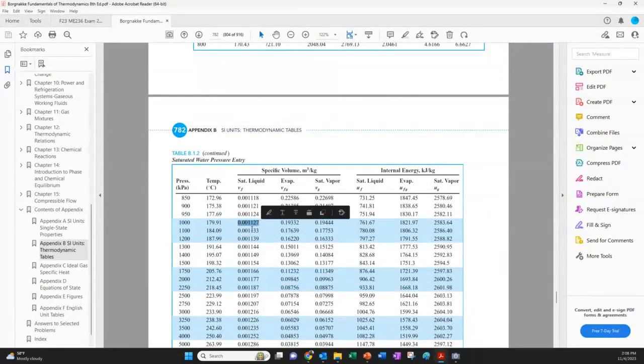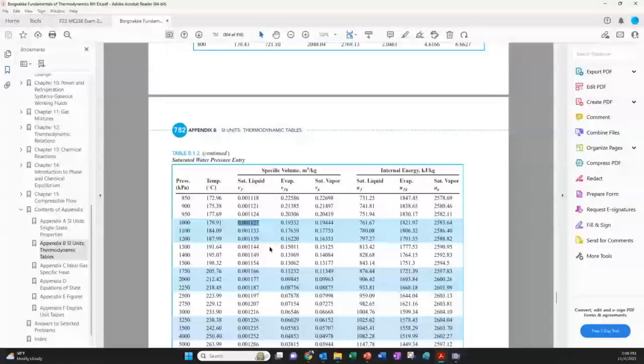So it must be saturated at those conditions. So I'm going to write these down. vf is 0.001127 cubic meters per kilogram, and vfg, I'll need that in a second because I need to get the quality at that halfway point.